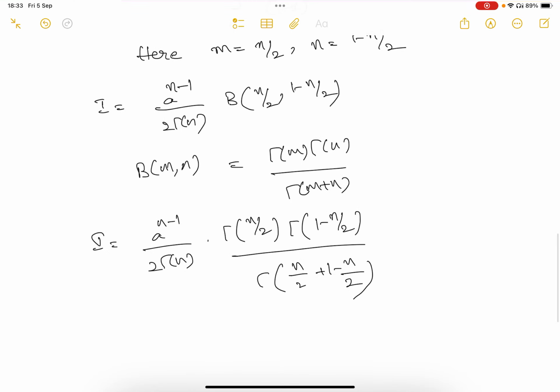Fine. The gamma of n by 2 plus 1 minus n by 2 is gamma of 1, which is 0 factorial, which is 1.